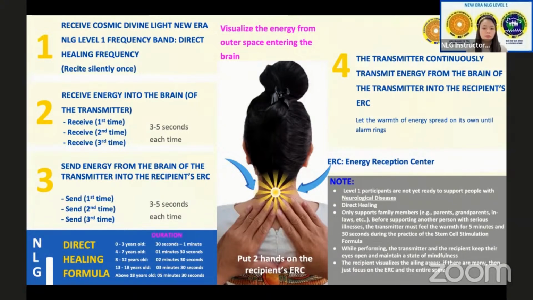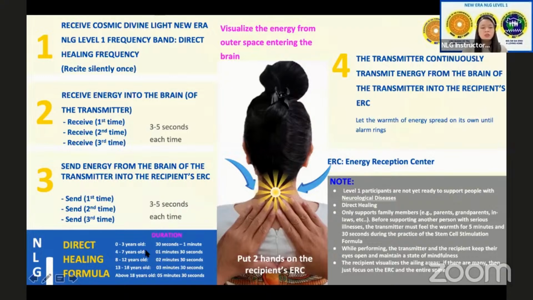So the practice duration you can see there actually depends on the recipient's age, not your age anymore, because this formula you'll be using for other people. So it will be according to other people's age.